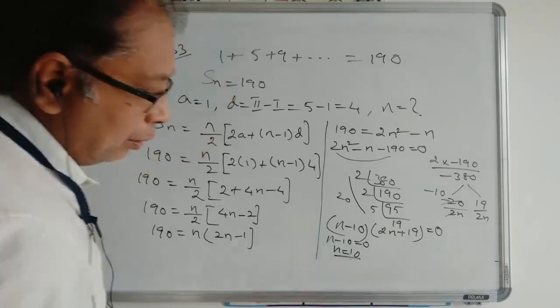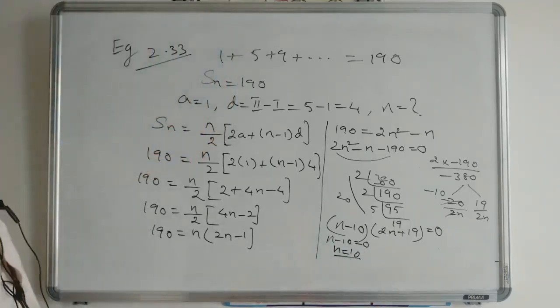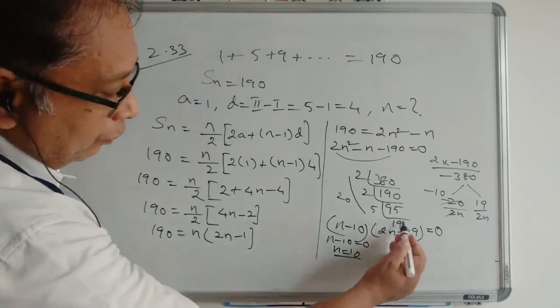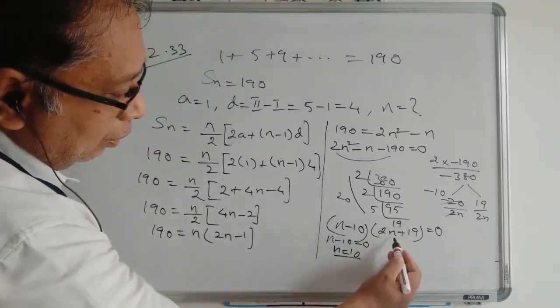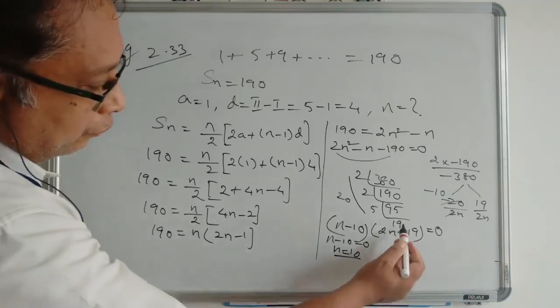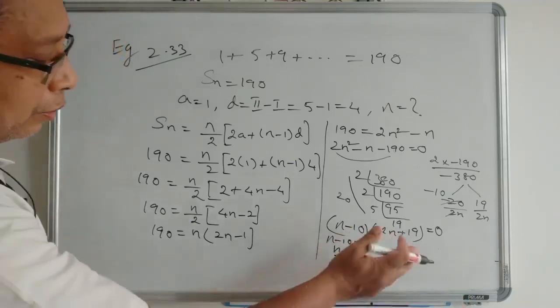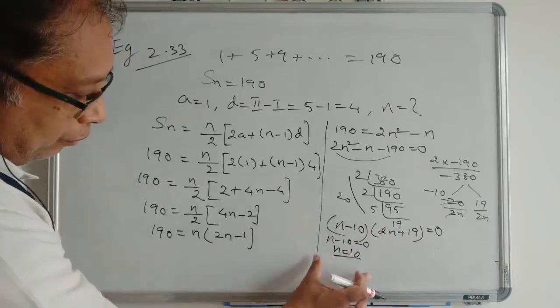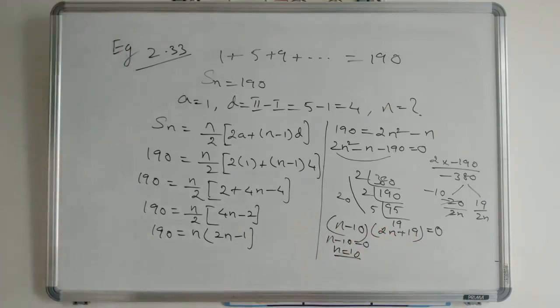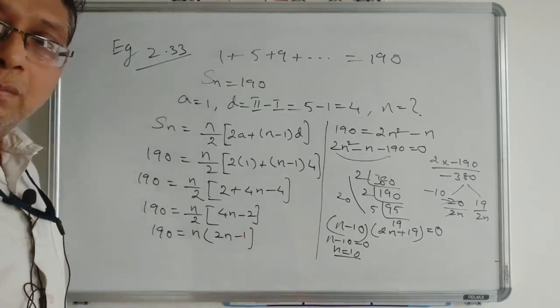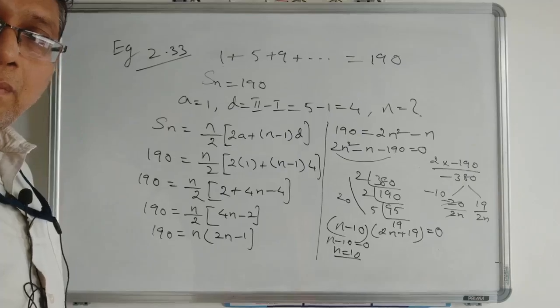Therefore n minus 10 equals 0, so n equals 10. For 2n plus 19, you take the 19 to the right hand side as minus 19, n equals minus 19 by 2. A negative value comes, but the number of terms must be a positive whole number.